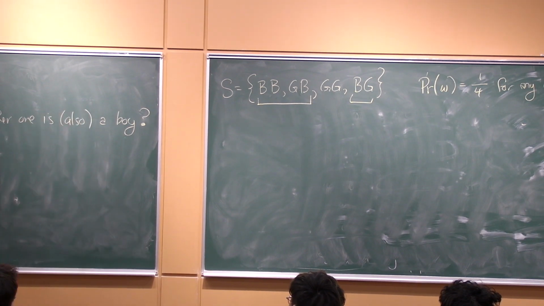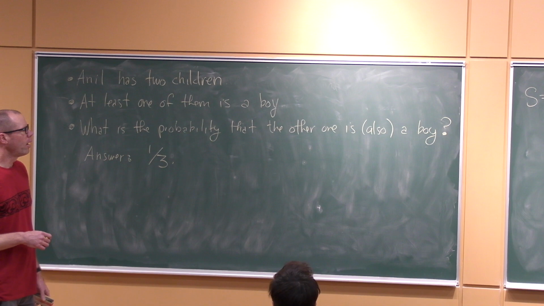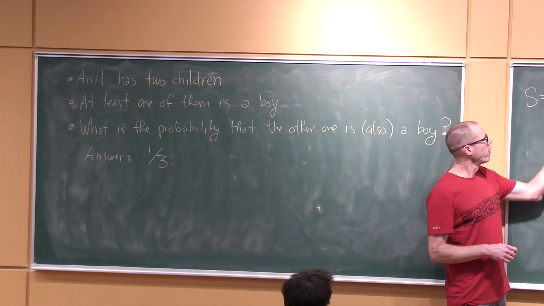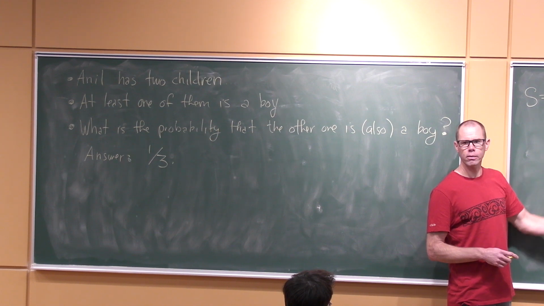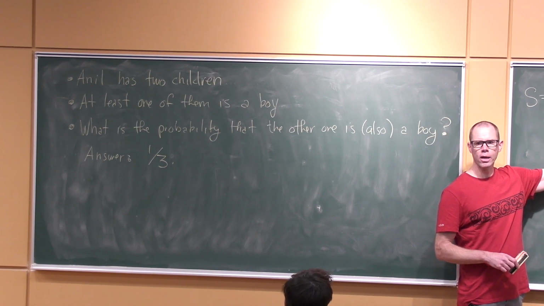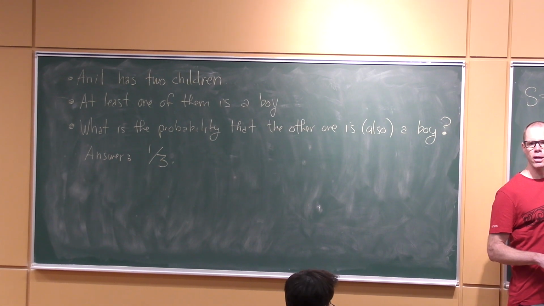Yeah. Why is GB different from BG? Because they have 2 children. One of them was born first, and the other one was born second. So it could be that the first one was a girl, and the second one was a boy, or it could be that the first one was a boy, and the second one was a girl.